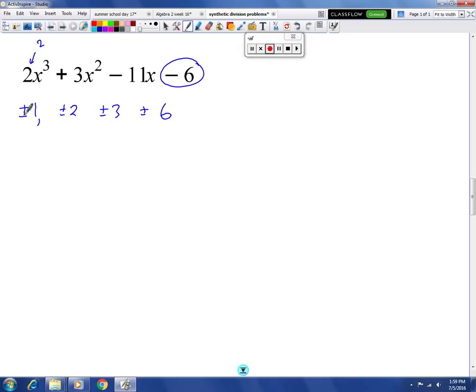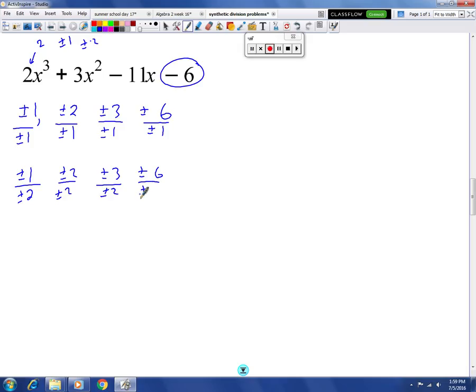Alright, what are the factors of that 2? Plus or minus 1, plus or minus 2. So what I'm really supposed to do is write that first list again, and this time divide all these by plus or minus 2.